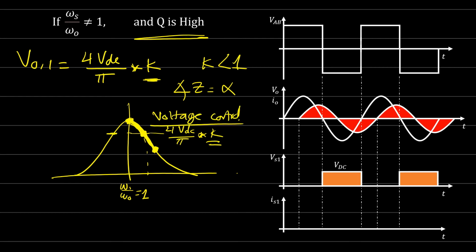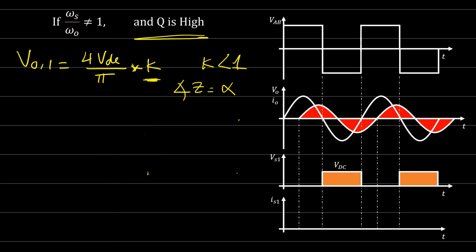Now this is for the fundamental frequency. You'll find that the third harmonic, let's say this is the first, the third will be even farther away from the fundamental frequency. It will be even removed easier. So here, if you try to calculate it, V out 3 is 4 VDC over 3 pi times 0.037 times K, less than 1.